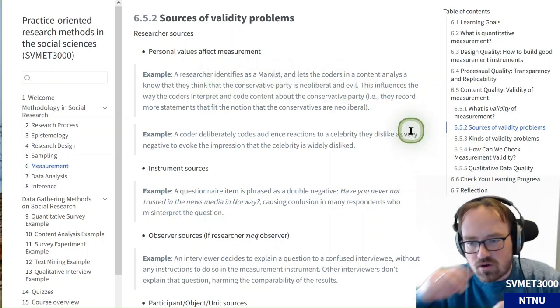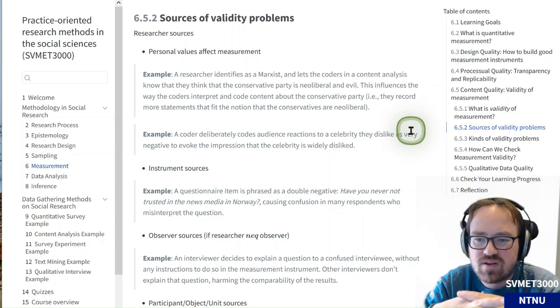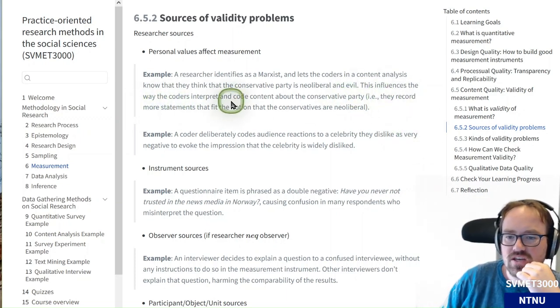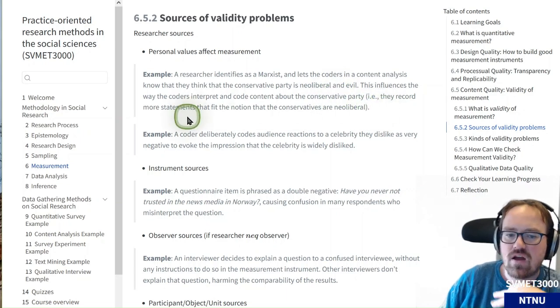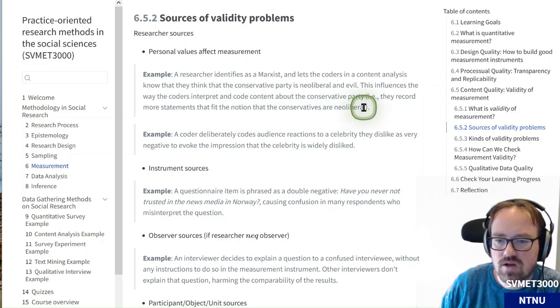If you let your coders, your research assistants, know what you believe, this may influence the way the coders interpret and code the content about this Conservative Party. For instance, they may record more statements that fit the notion that the Conservatives are neoliberal, right?